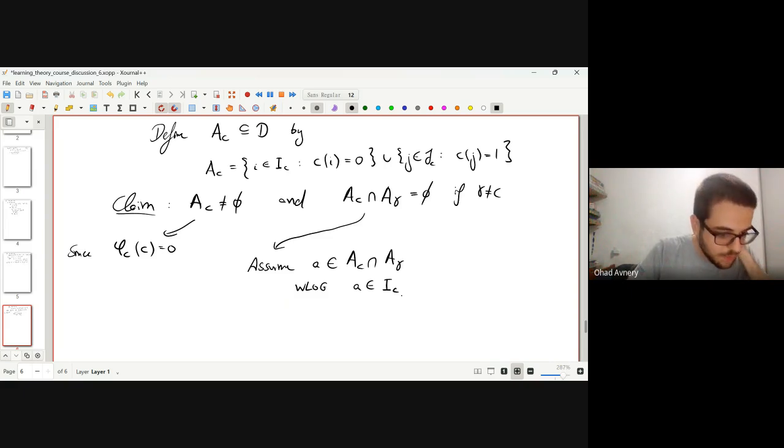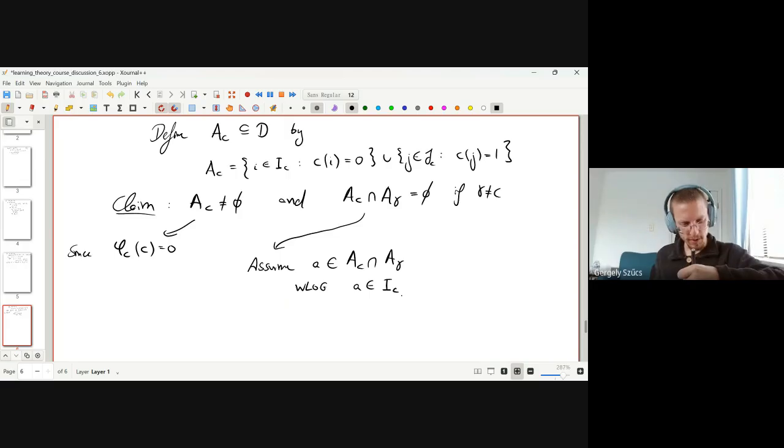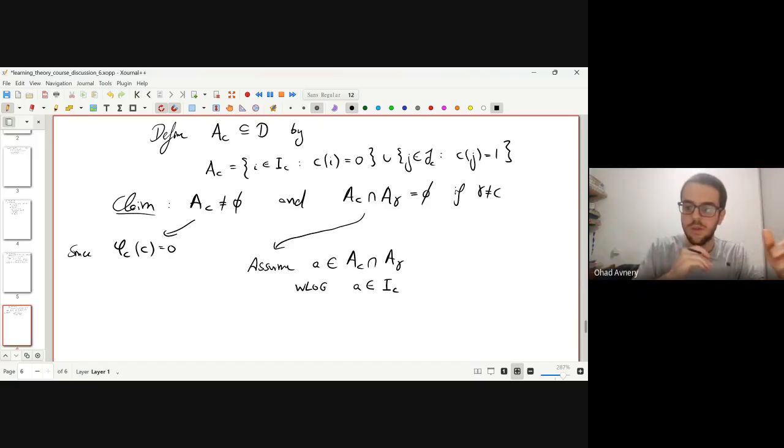There's a symmetry here between positive and negative literals.